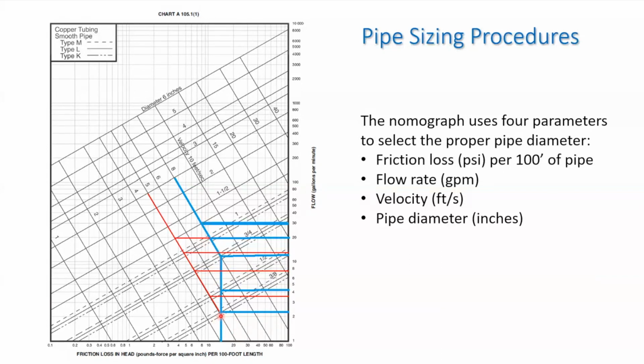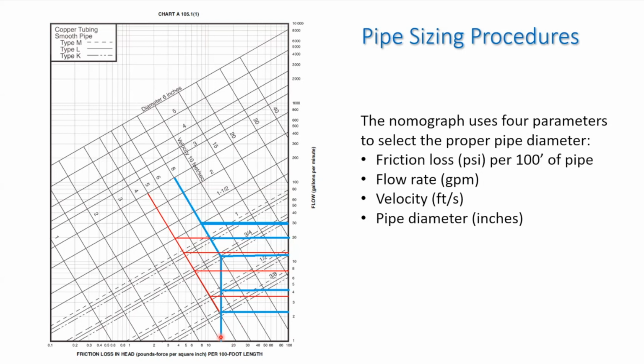Then you could run your pipe sizing to the peak flow rate that pipe size is allowed for. For example, your 1 inch pipe at 8 feet per second, the maximum flow rate allowable in that 1 inch pipe is 20 gallons per minute.